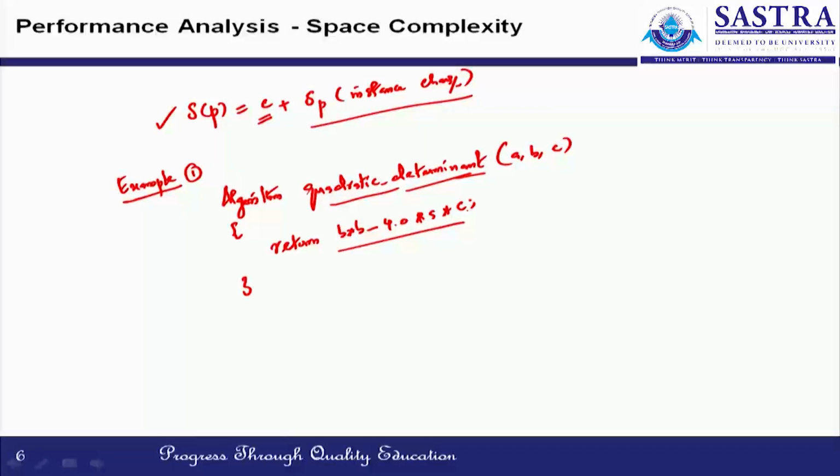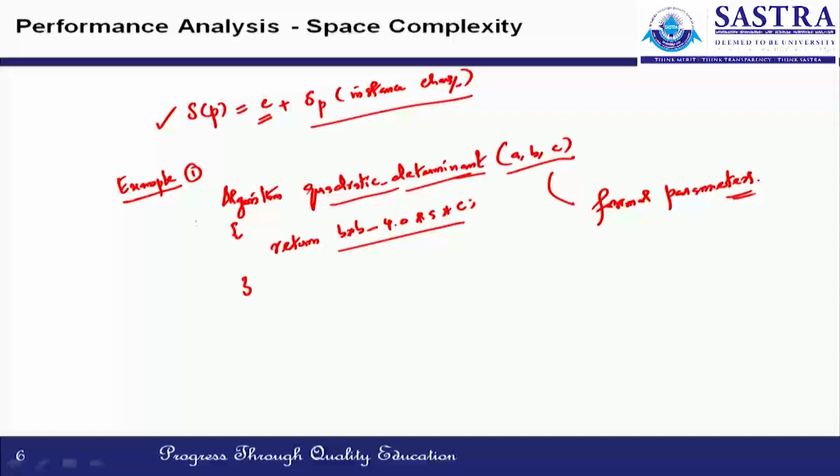Assuming the algorithm name is quadratic determinant, A, B, C are the formal parameters. The algorithm is to return this expression, for example, D equals B square minus 4AC.